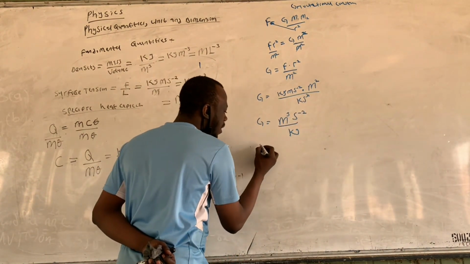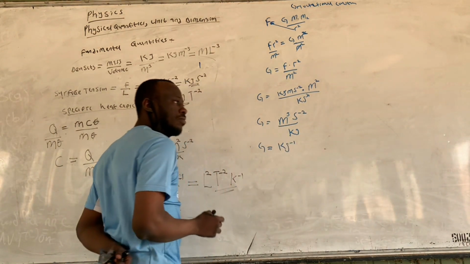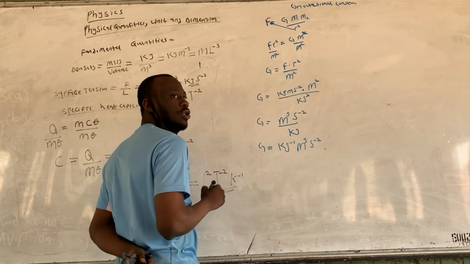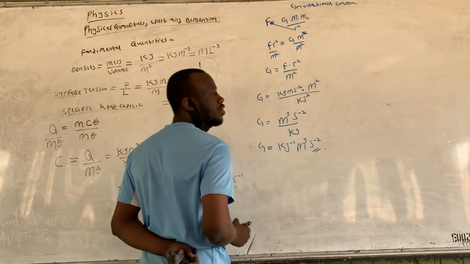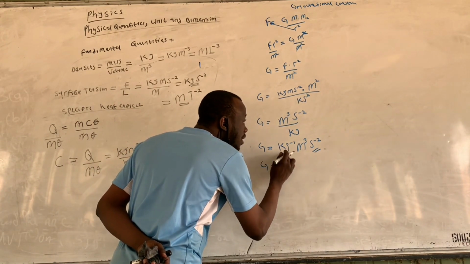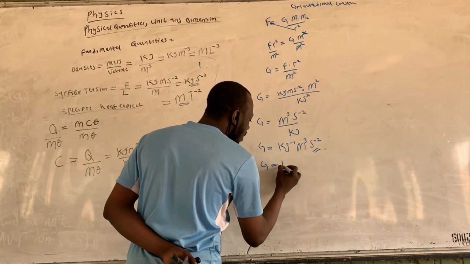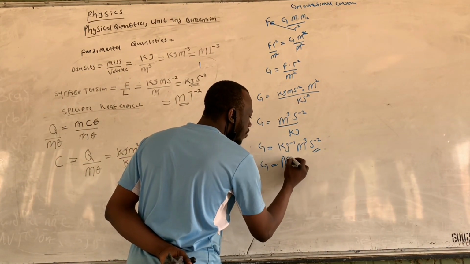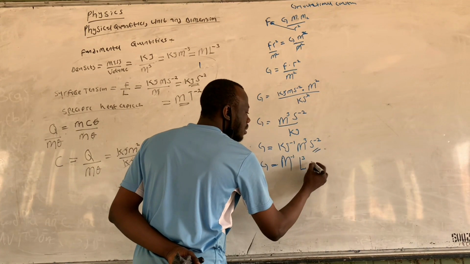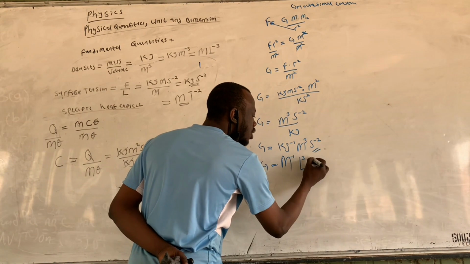So now G equals kg to the power of minus 1, meter cubed, per second squared. This is the unit for G. Then the dimension is M to the power minus 1, L cubed, T to the power minus 2.